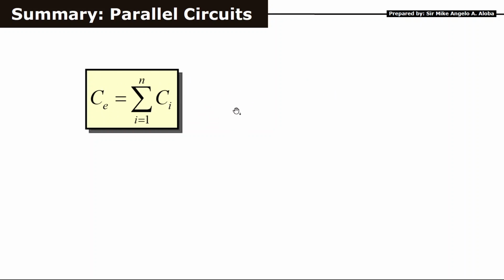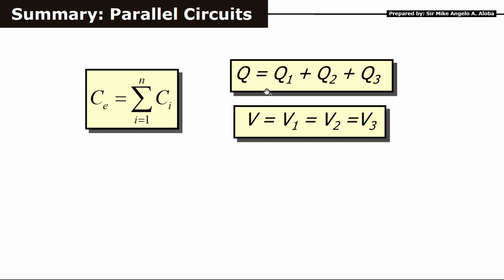So yung sinasabi ng summation na to. And yung charges natin ay nag-a-add. So just add the individual charges per capacitor. And the voltage is the same because in a parallel connection, yung mga capacitors natin is connected with the same source.